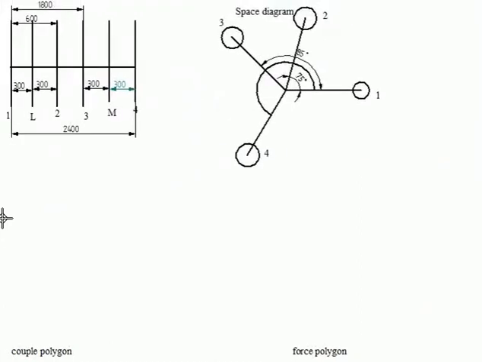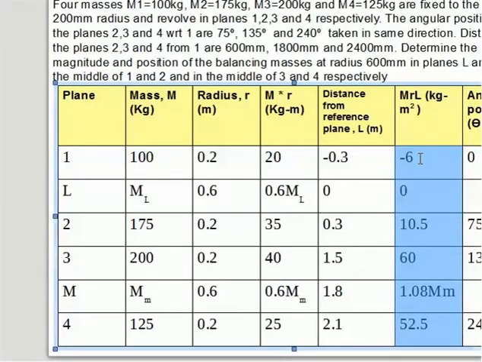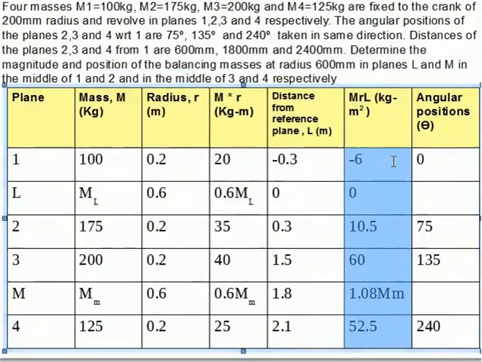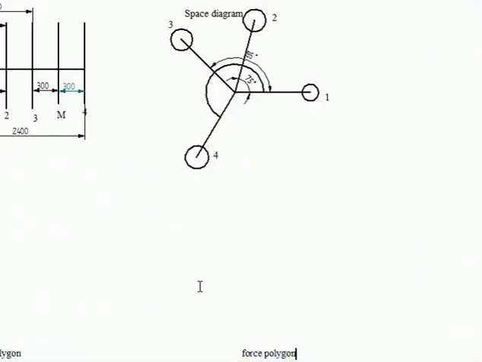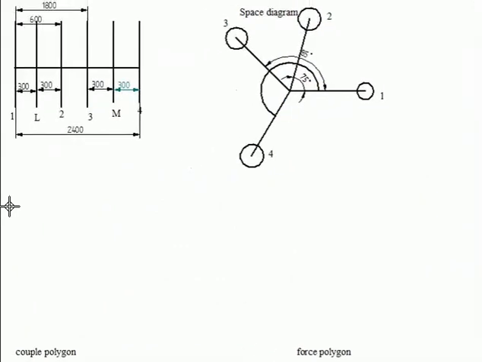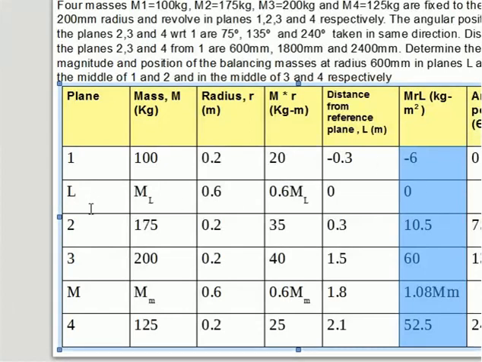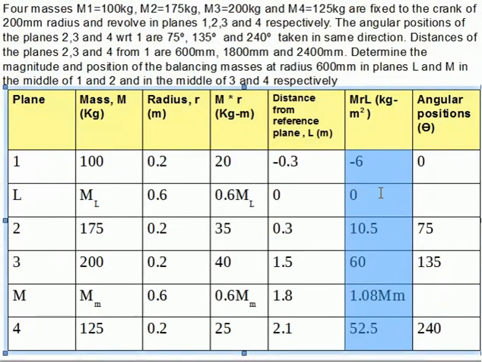So the length of the first line will be minus 6, and its inclination will be 0. For constructing the couple polygon I need these values and their inclination. So in the couple polygon, the length of the first line will be 6, its inclination is 0. The length of the second line will be 0, we'll go for the next one.